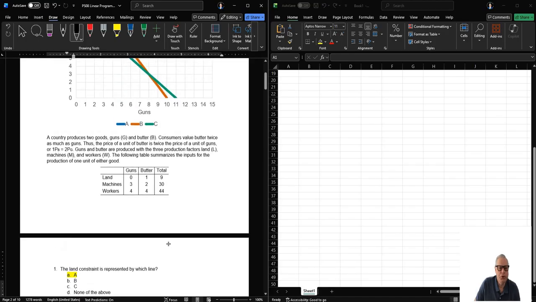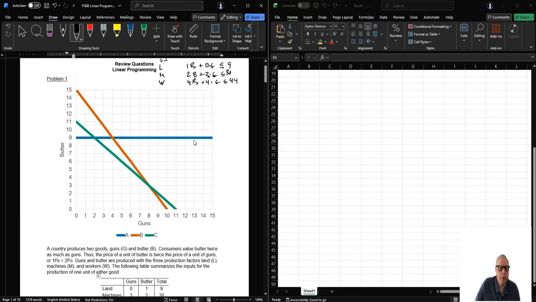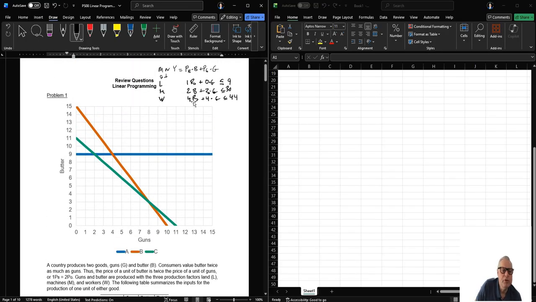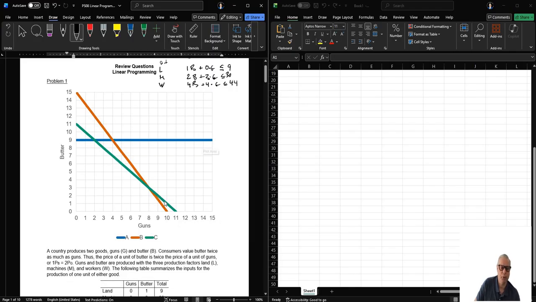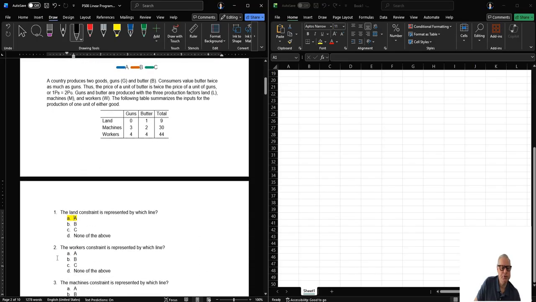The workers constraint: I have 44 workers. If you used up all your workers to produce butter, then I could produce 11 units of butter, because 44 divided by 4 is 11. And if you used up all your resources to produce guns, then I could also produce 11 guns with 44 workers. So C, which is the green line, is the workers constraint.